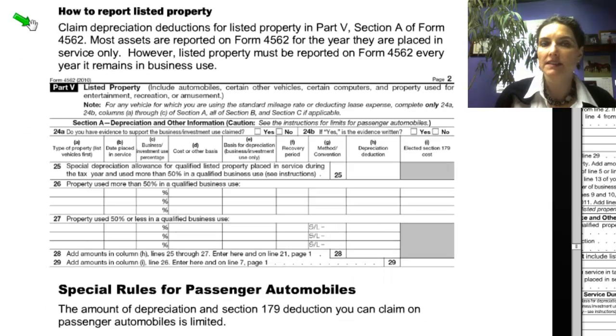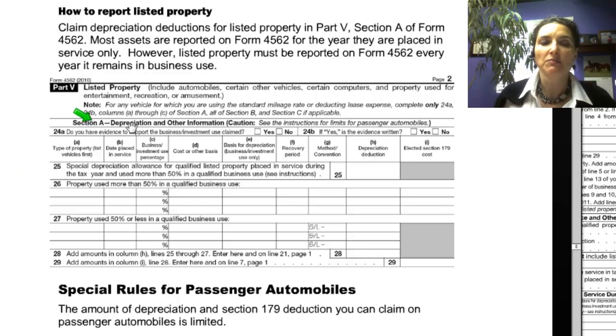How to report listed property. Claim depreciation deductions for listed property in Part 5, Section A of Form 4562. Most assets are reported on Form 4562 for the year they are placed in service only. However, listed property must be reported on Form 4562 every year it remains in business use. So in Part 3 of Form 4562, we show these items of information.